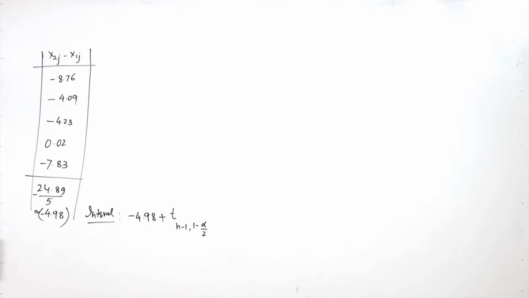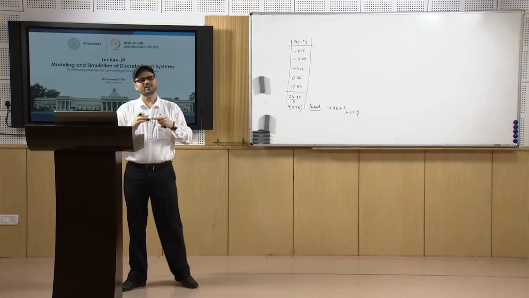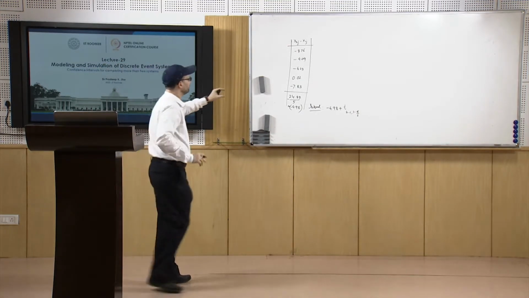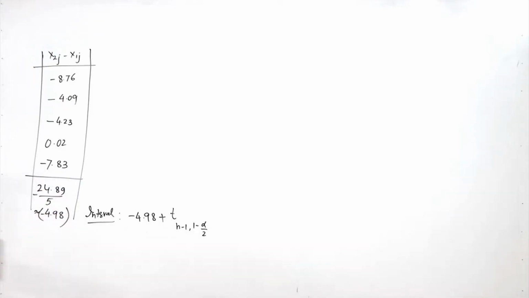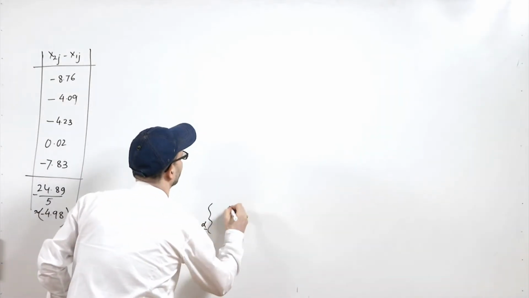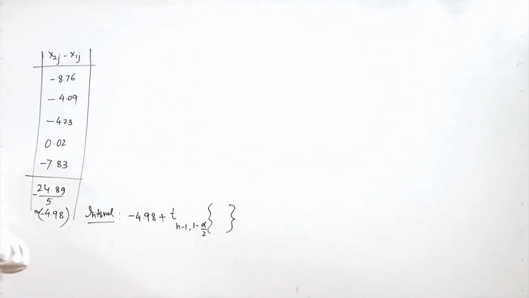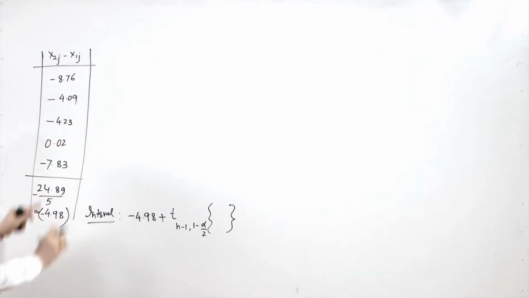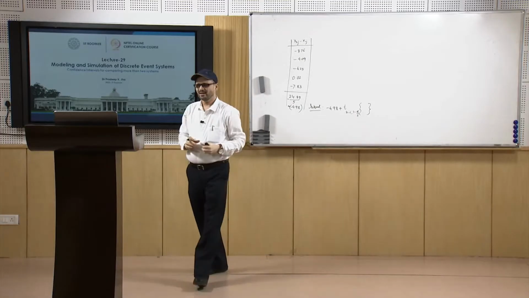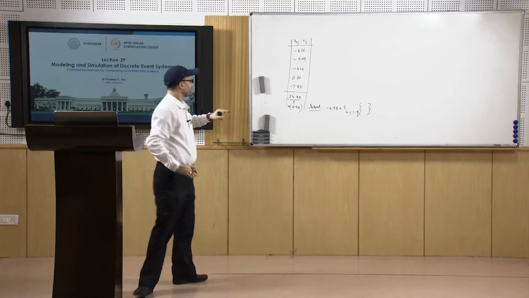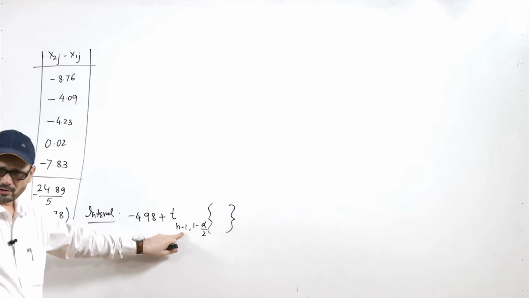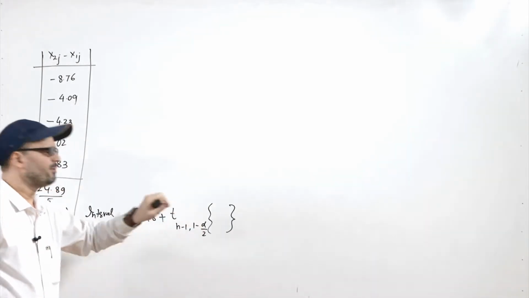Now, for these values we can compute the standard deviation or variance. The most important thing is how to get these values. Once we have them, from here we can find the s square n. The degrees of freedom will be 4, but then what will be 1 minus alpha by 2?